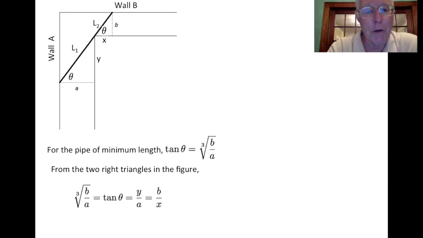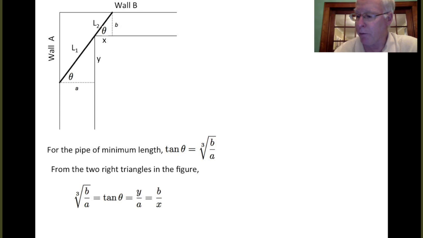Or, which will be easier for our purposes, we know that for the minimum, tangent theta is equal to the cube root of b over a. So we're going to go back to these two right triangles, and start by finding the other legs of the triangles, y and x, and then use the Pythagorean theorem to find L1 and L2, and then add those values to get the length of the pipe.